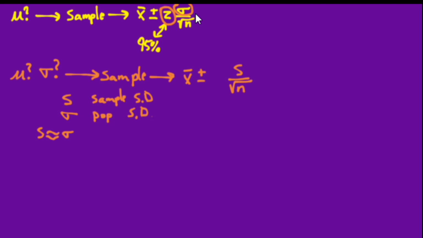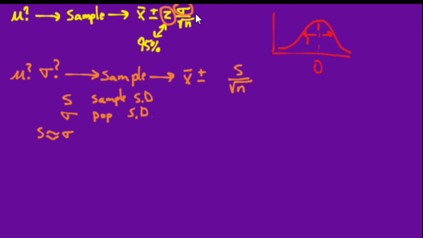Now, the z-score, or the z-table, the z-distribution more precisely, is based on a standard deviation, right? Recall that it's all about taking different distributions and associating them with the standard normal distribution with a mean of 0 and a standard deviation of 1.